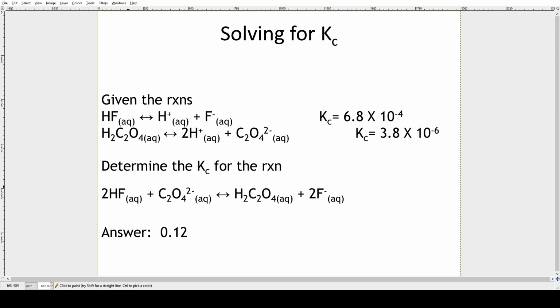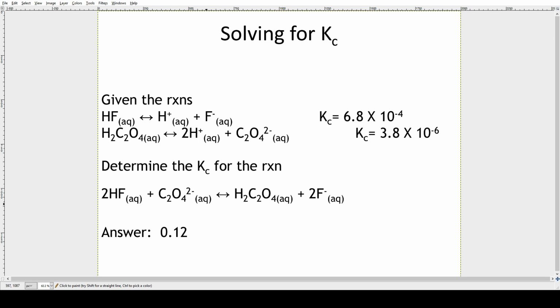So let's see here. We have HF, okay. We have, interesting, C2O4 2 minus, okay. And we have H2C2O4, oh, that switched sides too, and 2F, weird, things are weird. Okay, so let's see.